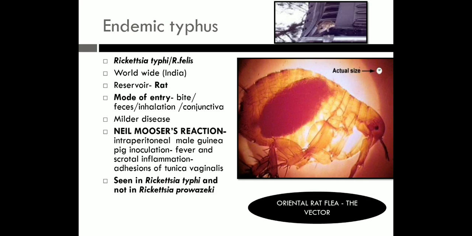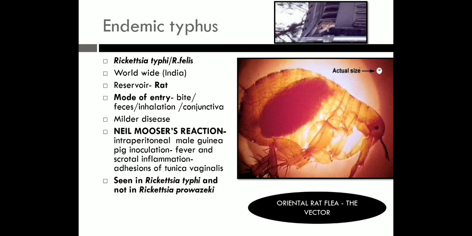Now, endemic typhus is usually caused by Rickettsia typhi or Rickettsia felis. This is also seen worldwide, but it can also be seen in India.